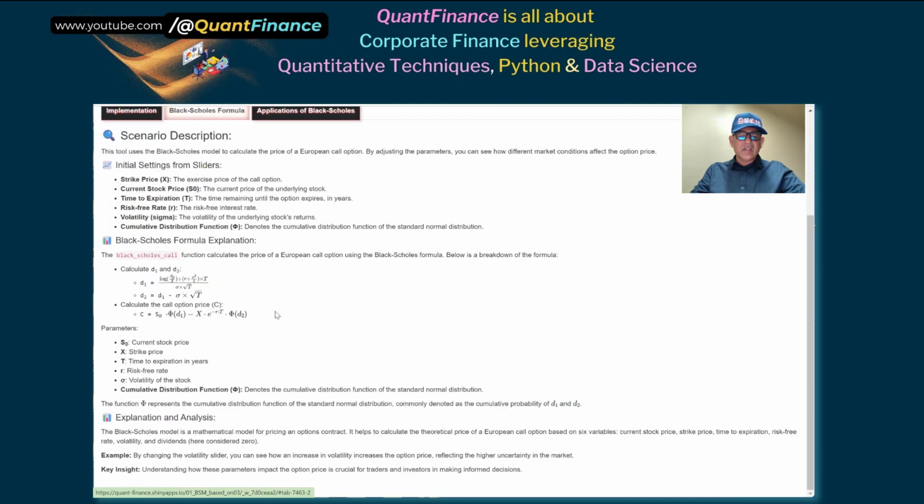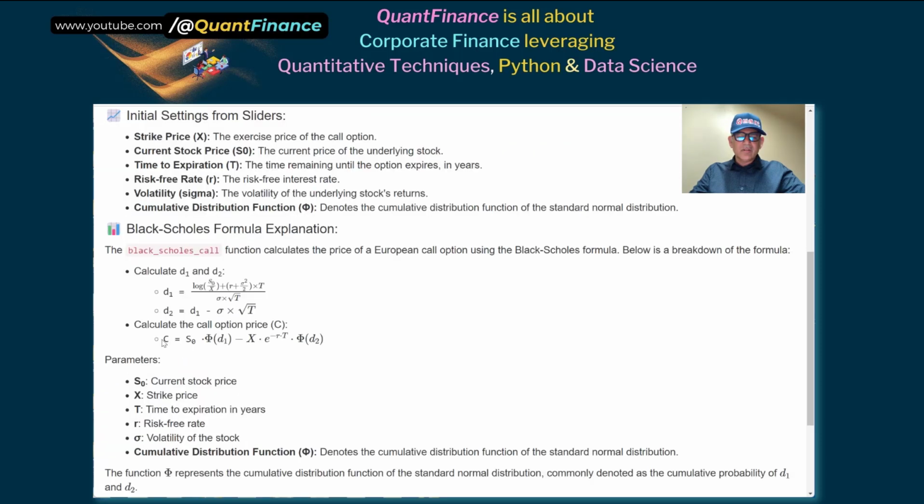So here we see that we have been provided with this formula to calculate the call option price. The value of C, which is the call option price, is equal to S naught times phi of D1 minus X times e to the power negative RT times phi of D2.